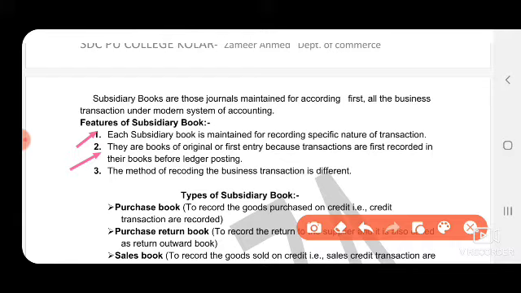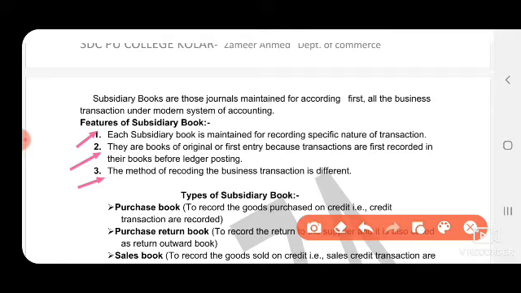So here, just as the journals are recorded before the ledgers, in subsidiary books also we will record first in subsidiary books, then in the ledgers. But it's very easy when compared to a journal. The method of recording business transactions is different.